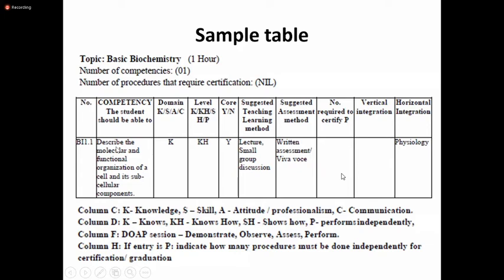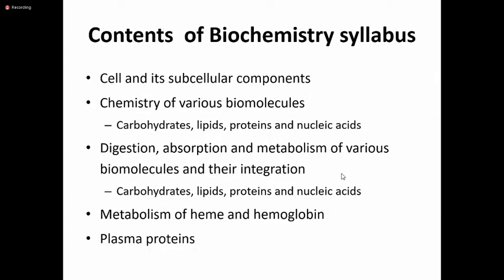Next, you should look for how to apply this in the clinical field: how it is related to the production and manifestation of diseases, how it helps in the diagnosis of diseases, and how it can be used for their treatment. You have to think about all this for all the basic subjects, including anatomy, physiology and biochemistry.